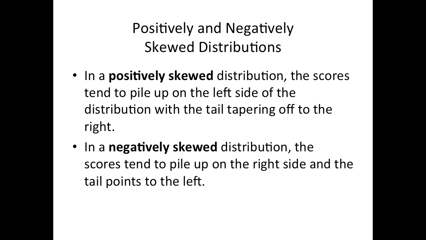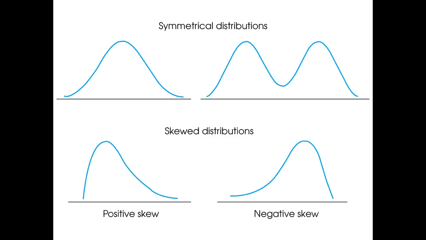And if the tail is being pulled out to the positive end, that's a positive skew. If it is the other way, you have a big hump on the positive end and the tail is getting pulled off to the left, that's negative. This negative skew. And they look like this.